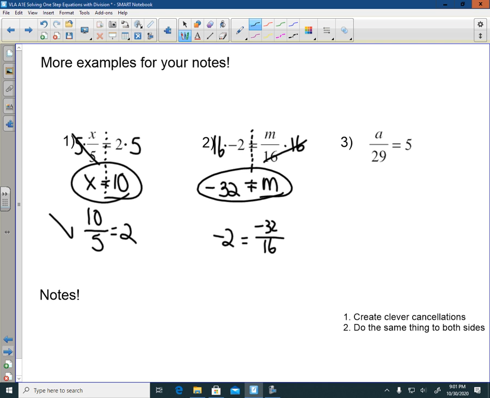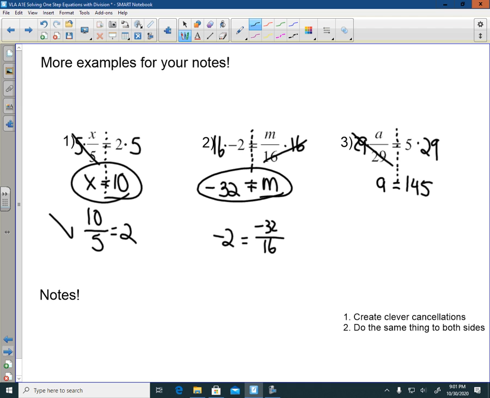All right, number 3, here we go. Create our two sides. Creating a clever cancellation would mean that we multiply both sides by 29 this time. The 29s cancel, and we have a equals 5 times 29, which is 145.